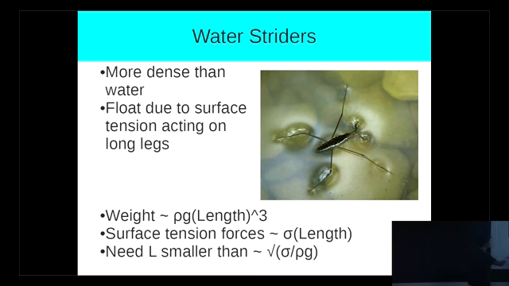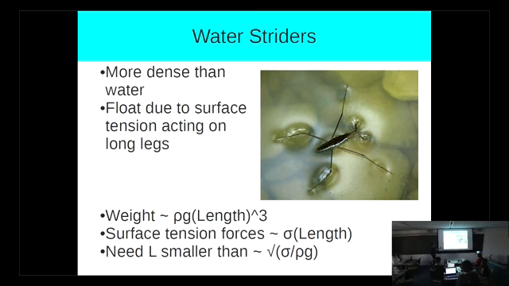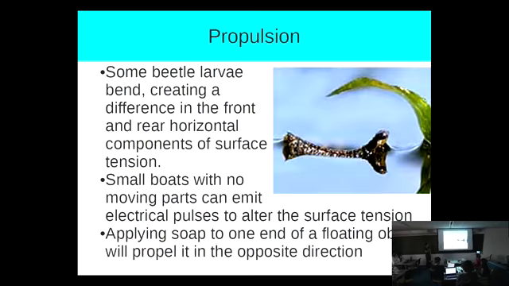To see the contact line, the legs are fairly skinny, but you'll have a line on either side where the two-dimensional interface intersects the leg. So for any density, we can find a small enough length where it'll float, as long as this length doesn't get too small where we get into atomic or molecular scales.